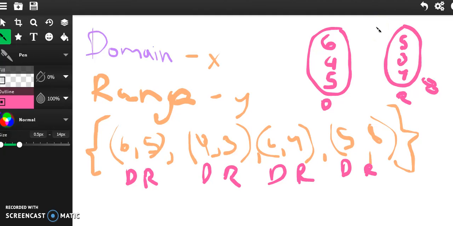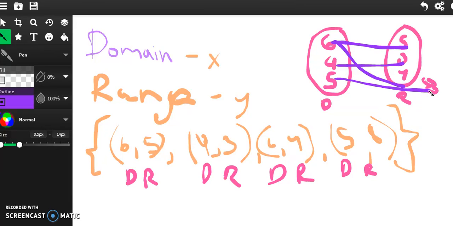And I'm going to map it. We have 6, 5 as our first ordered pair, so I'm going to map 6 and 5. We have 4, 3. We have 6, 4. And we have 5, 8.